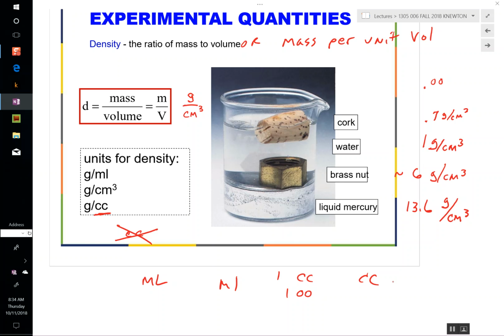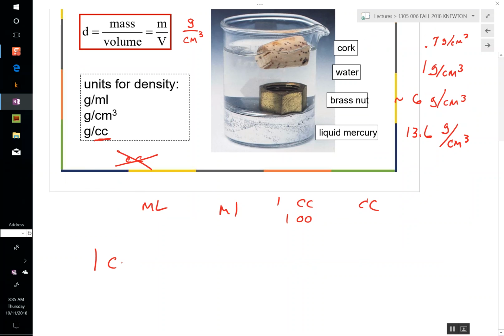Yeah. Okay. But what you will see in here are this and this used interchangeably, and actually 1 cubic centimeter, I was pointing that out over here. 1,000 cubic centimeters is 1,000 milliliters is a liter. So what does that mean? If 1,000 cubic centimeters is 1,000 milliliters, then obviously 1 cubic centimeter is equivalent to 1 milliliter.